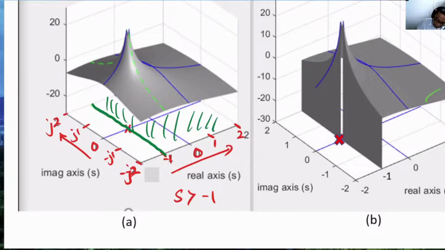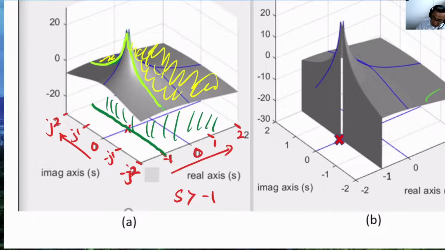I also plotted the corresponding green line on the surface. And what we are saying is that only the surface on the right hand side, s greater than minus 1, exists. So I'm now going to draw for you where it exists. So this surface is okay.